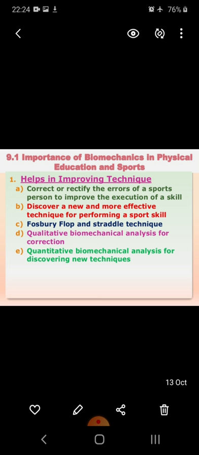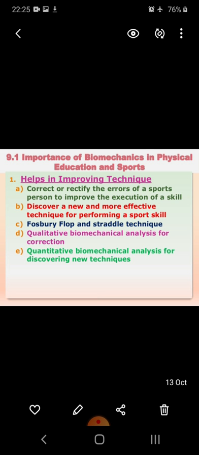In fact, the knowledge of biomechanics provides a better understanding of the human body and other internal and external forces that affect human movement and also the forces that act on objects in motion. It can improve the technique of sports and games.